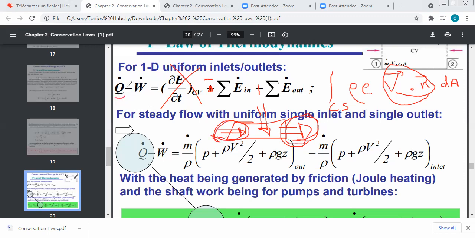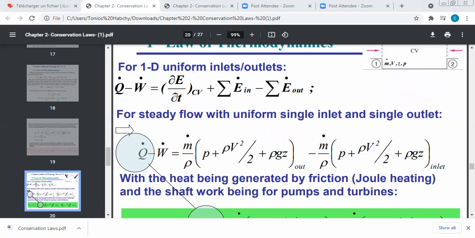So then, let's say we don't have work, Q dot should be equal to the flux of energy out minus the flux of energy in. Now, in other terms, if we have a general unsteady application, how can we do the interpretation here?